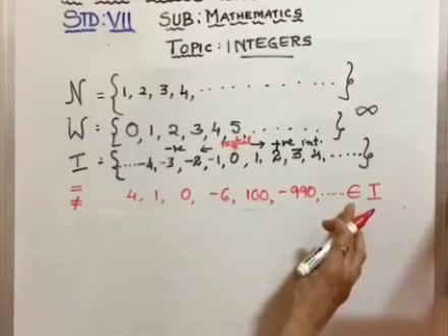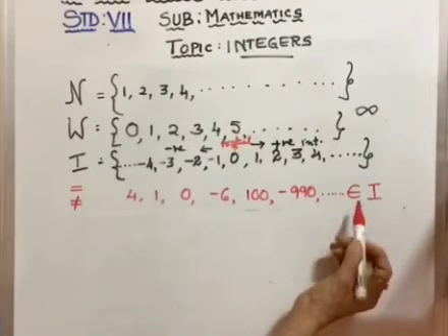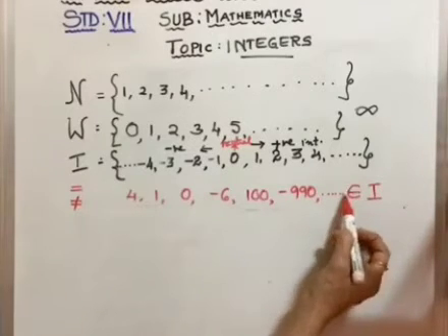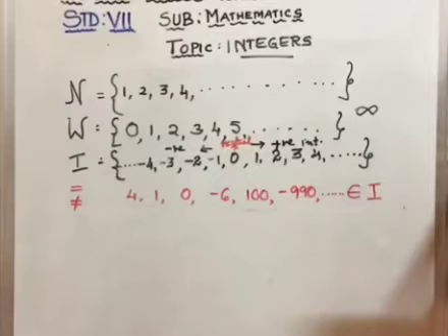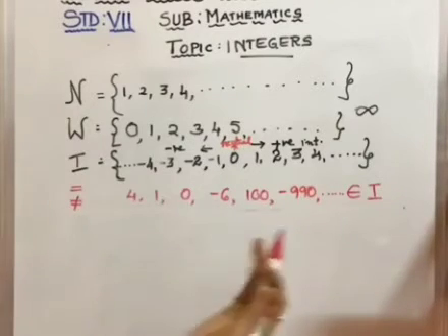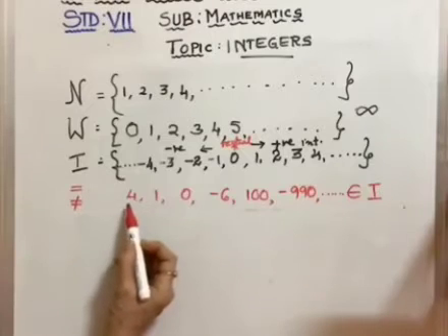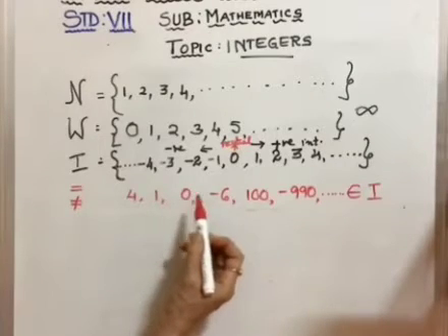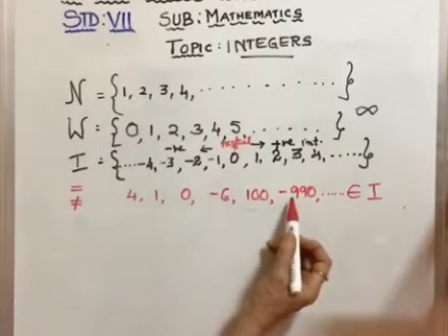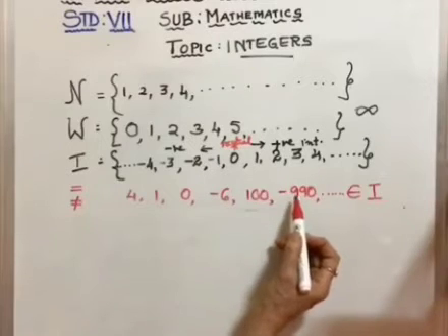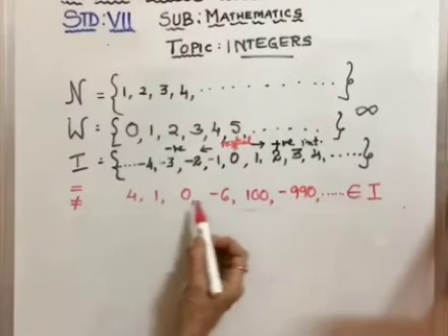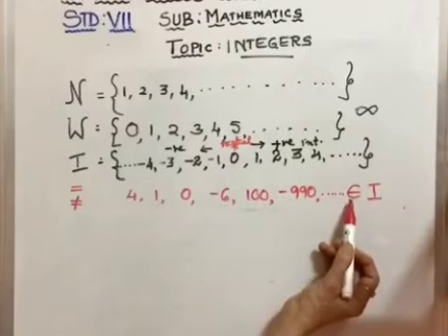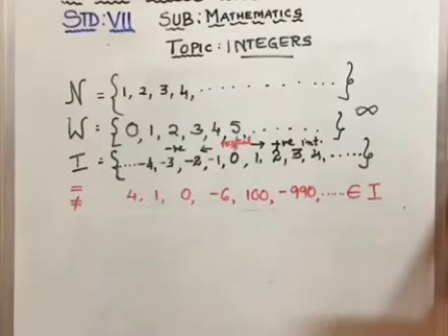I think we already mentioned it in the previous class. This is the symbol for belongs to. It's like the letter E, small letter E. What do we mean by that? 4, 1, 0, negative 6, 100, negative 990, all these integers belong to the set of integers.